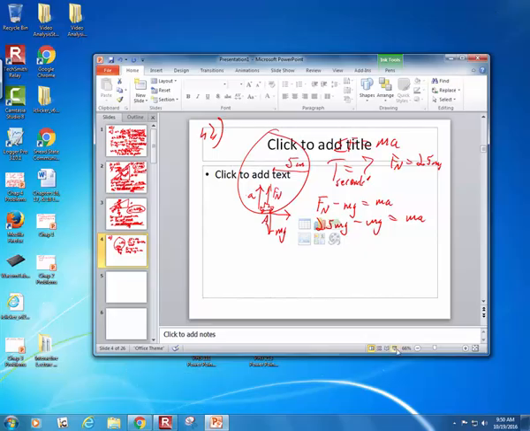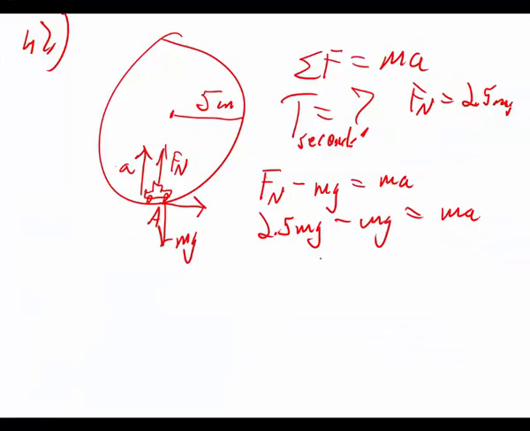All right, you ready? Solve that, y'all. 2.5 mg minus mg is equal to ma will be what simplified? 1.5 mg. Very good. Is equal to ma, right? So, how would we find acceleration?